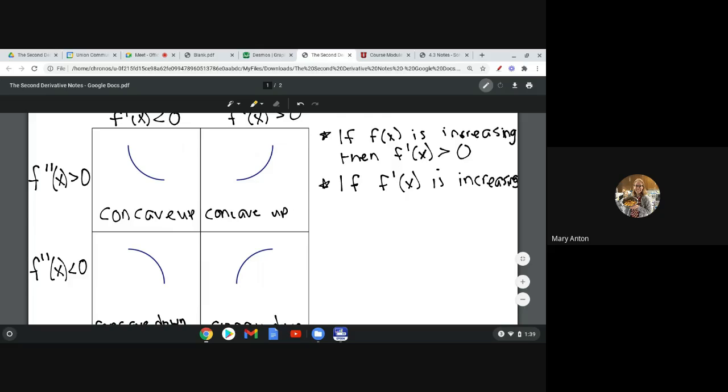What does that tell us about our second derivative then? It's the same pattern. This tells us that our second derivative is positive.